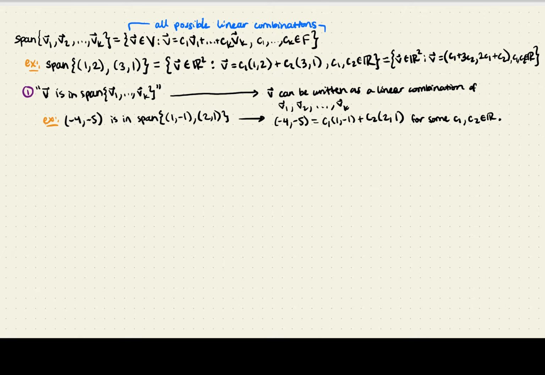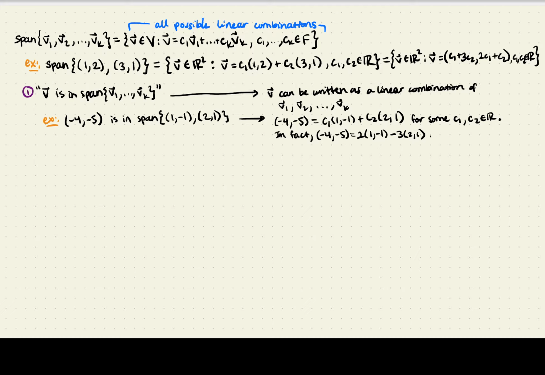Let's write this down. I know that -4, -5 is actually equal to 2 times 1, -1 minus 3 times 2, 1.